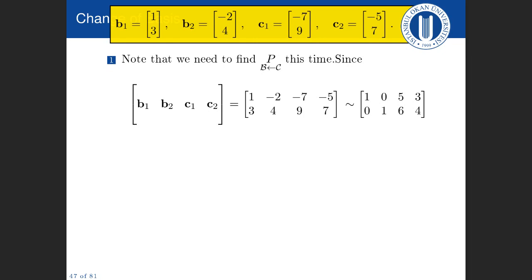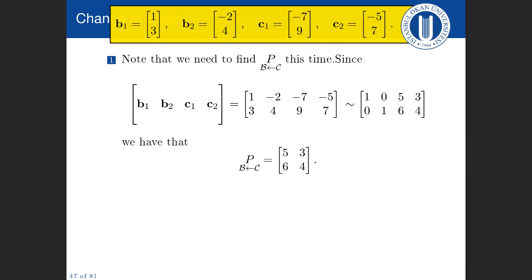That's the identity matrix on the left, and then on the right we have the 2 by 2 matrix 5, 3, 6, 4, and that's the one we want. The answer is the change of coordinates matrix from C to B is the 2 by 2 matrix 5, 3, 6, 4.